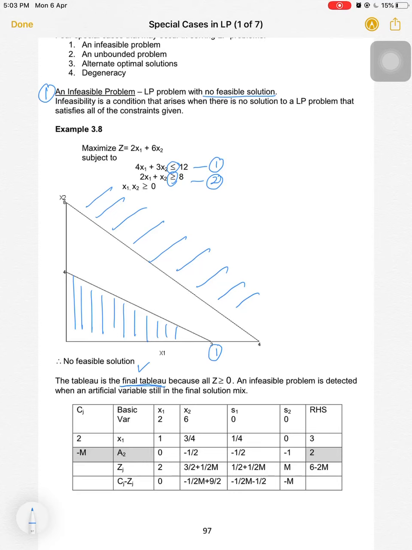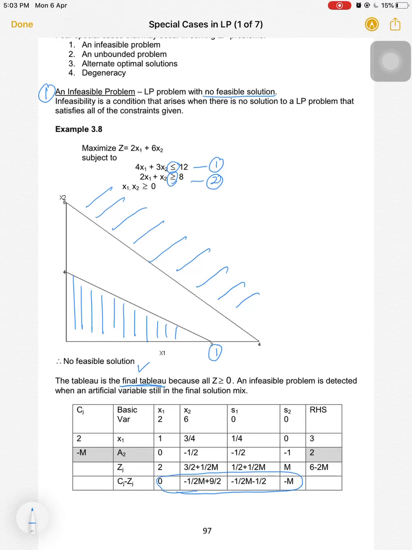Because all values in Cj minus Z0 are 0 and negative, because we know the tableau is optimal when all values in Cj minus Z0 are 0 and negative. So based on this tableau, we can say this is the optimal tableau.